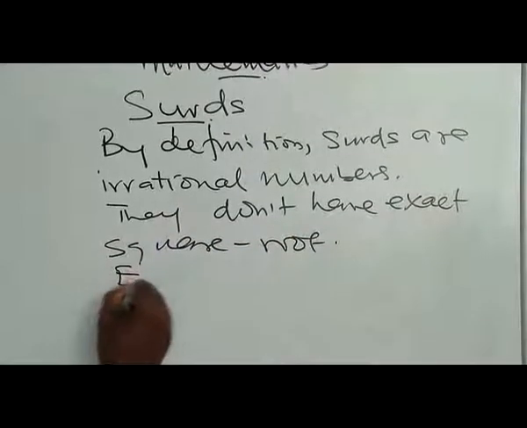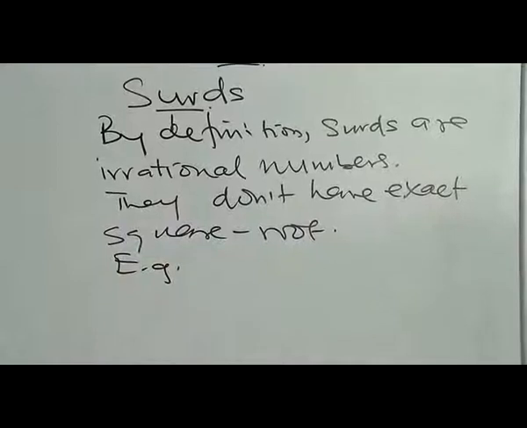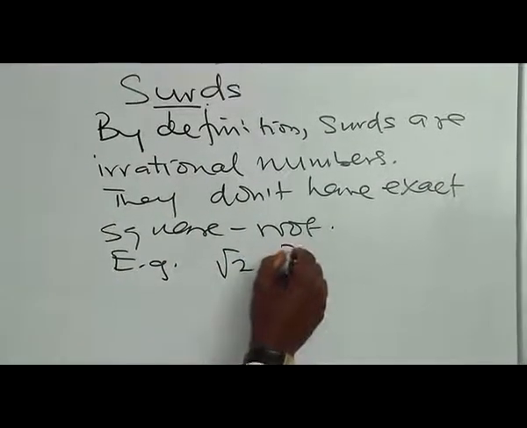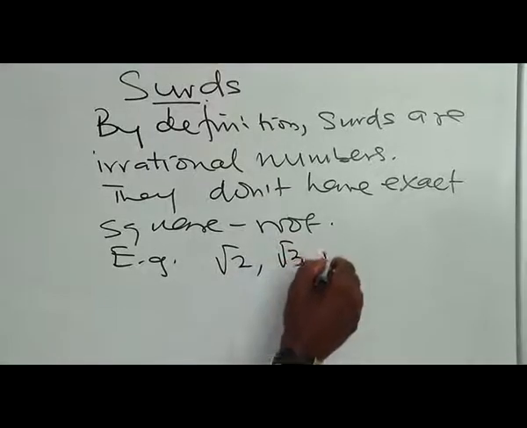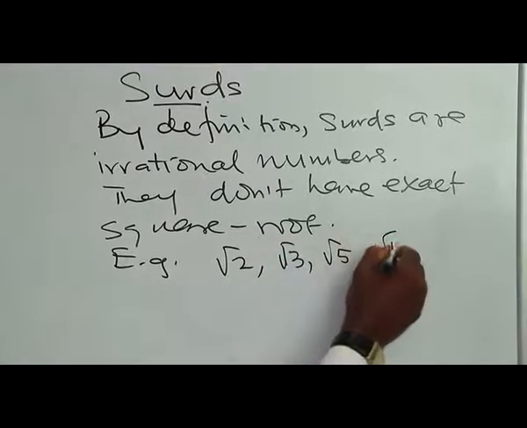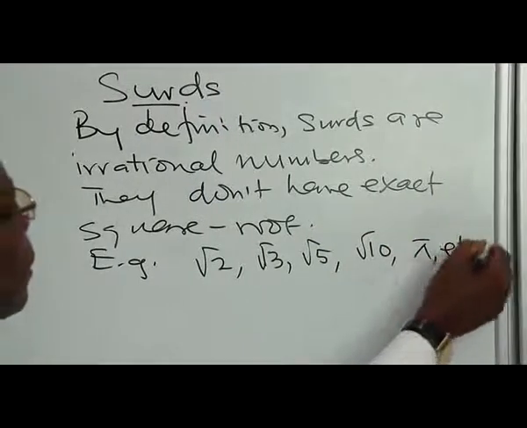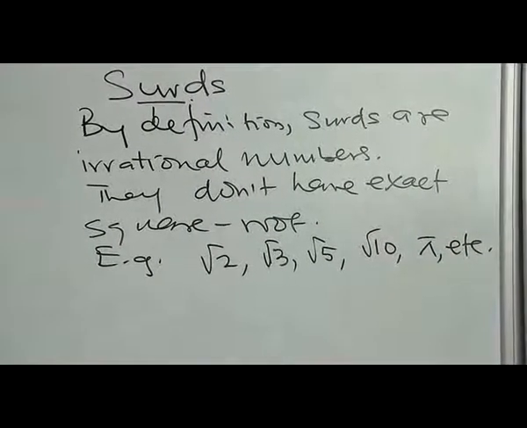For example, you can look at the square root of 2, the square root of 3, the square root of 5, square root of 10, etc. These are surds.